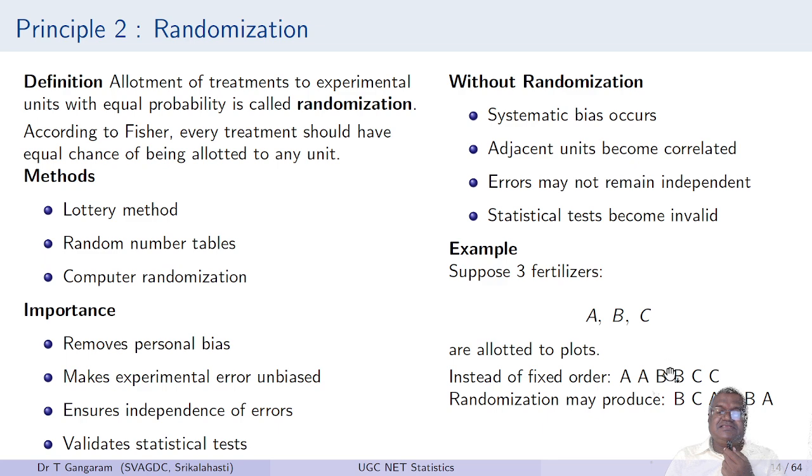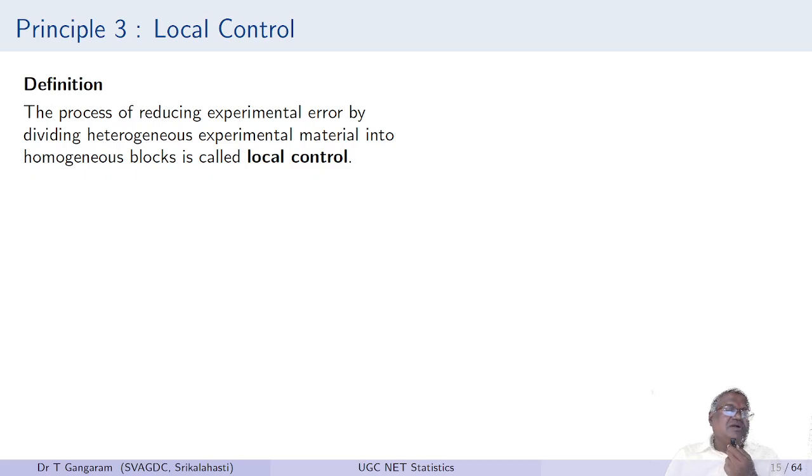This is the randomization procedure: first allot B, next C, next A, next C, next B, last A. These A, B, C are randomly allotted, with each treatment replicated 2 times. This avoids personal bias.